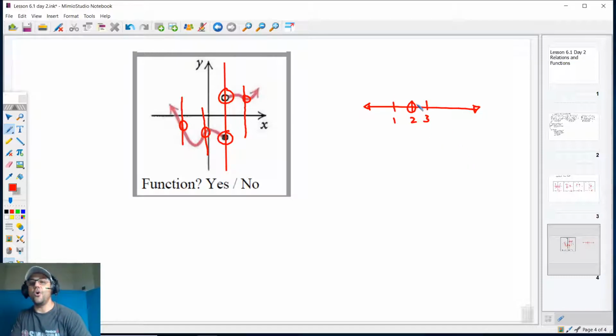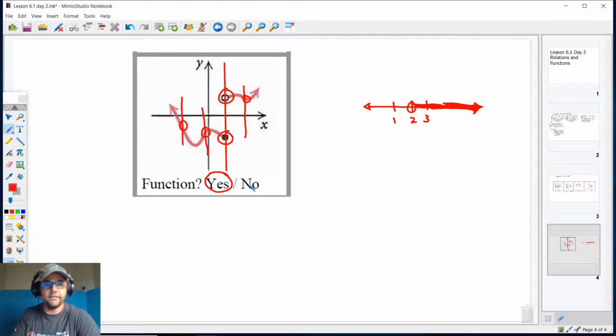You were supposed to learn that the open dot did not include that special number 2. So let's say we had going to the right. That would mean that this inequality is all real numbers, meaning fractions, decimals, roots, all that stuff, the numbers greater than 2, like 2.5, 3, and so on. But it did not include the number 2. And right here, you should notice the open dot does not include that point there. So that means technically this would be a function, because again, the open dot does not count.